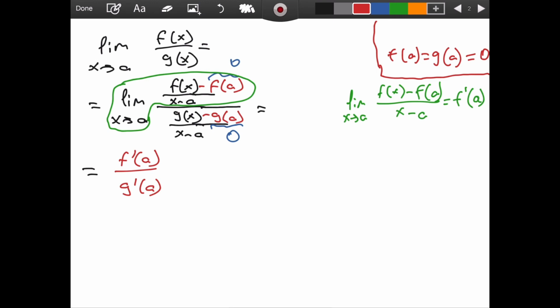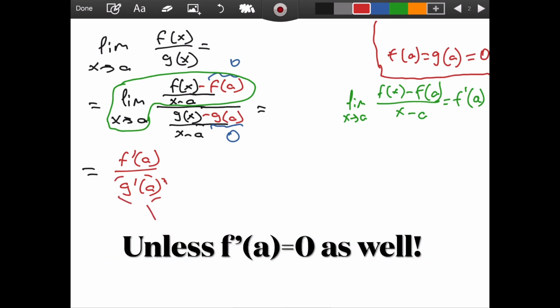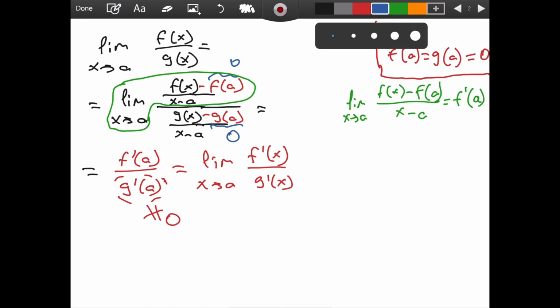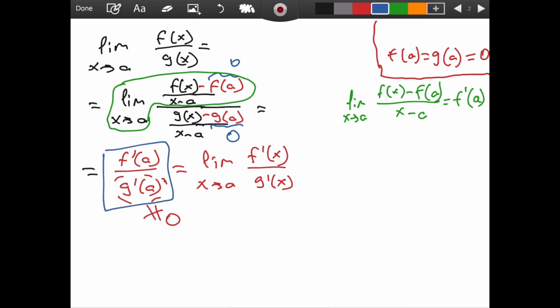And it is, of course, provided that g prime of a is not equal to 0. And you can write this in this form, the limit as x approaches a of f prime of x divided by g prime of x, so that you can continue using L'Hopital's rule if necessary, because this quotient of the derivatives might be in the form of 0 over 0 or infinity over infinity.